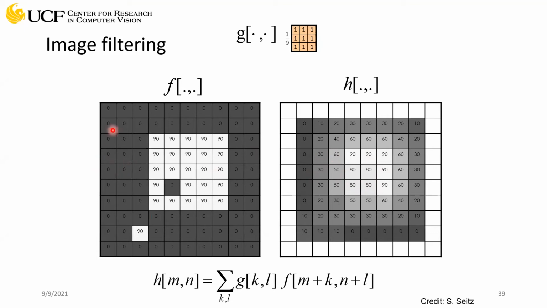Your pixel intensities were binary, 0 and 90, but after this smoothing or box filter, you get something like this, which is a smoothed image. The most interesting thing is if you look at this location, this is 90, and usually in the real world we don't have such artifacts. This is a huge contrast. If you apply box filtering, it's pretty much gone from here. So it's very smooth. It's kind of fixing noise.